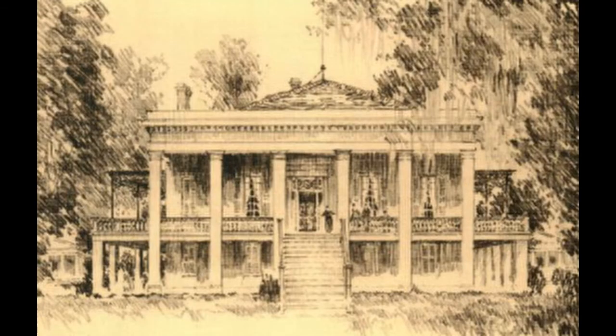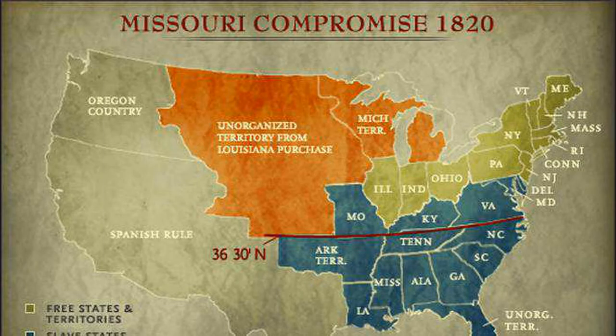The earliest beef the southern states had politically was the passing of the Missouri Compromise of 1820. Following the Louisiana Purchase, Missouri was a new state in 1820, and there was an intense debate on whether it was going to be a slave or a free state.